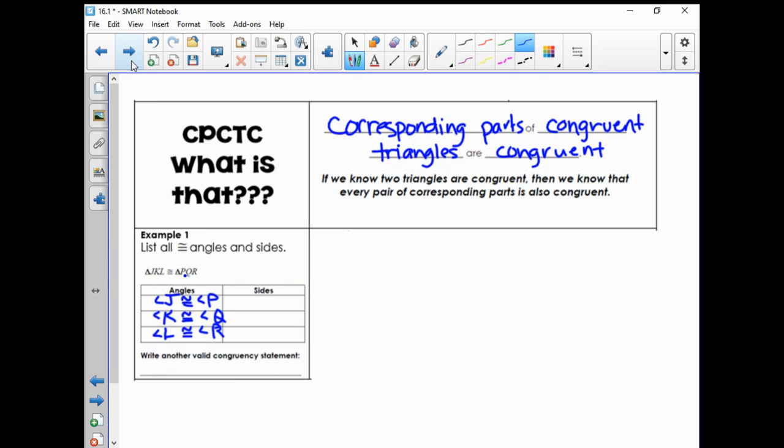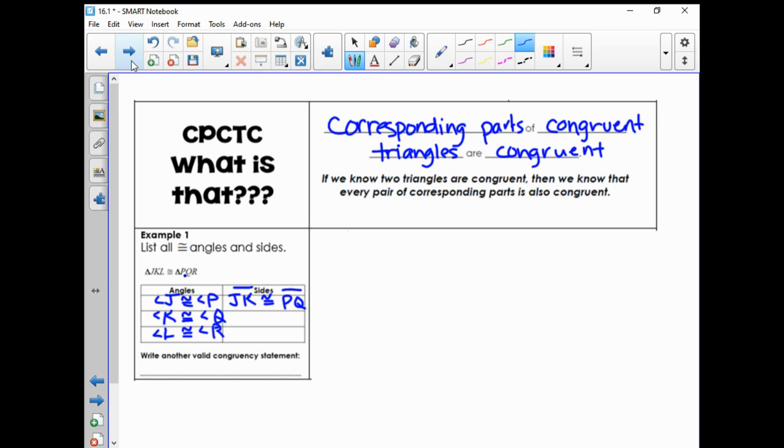All right, now we can match up the sides. Basically, you don't even need to draw the triangle for this. You could draw the triangle and look at what's in between the angles, but I would just take the order on this too. So we could say that JK, notice that those are the first two letters of my first triangle, is going to be congruent to the first two letters of our second triangle, which are PQ.